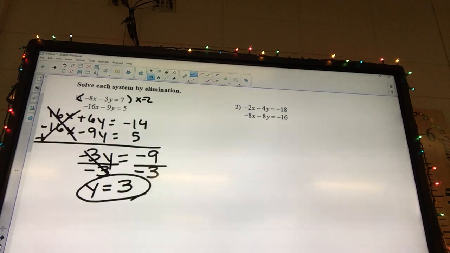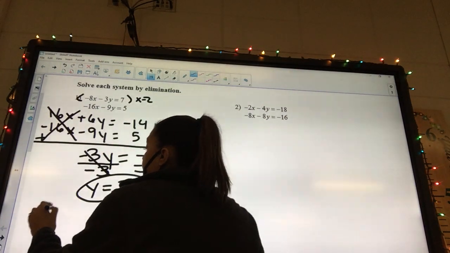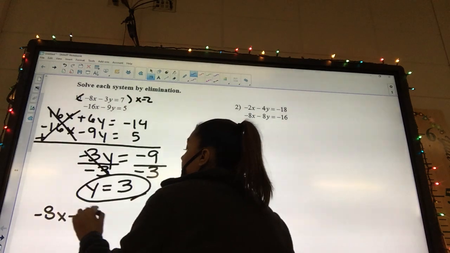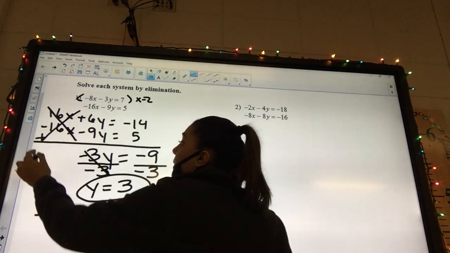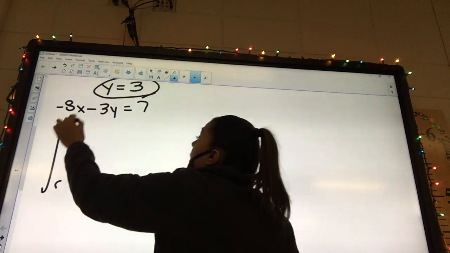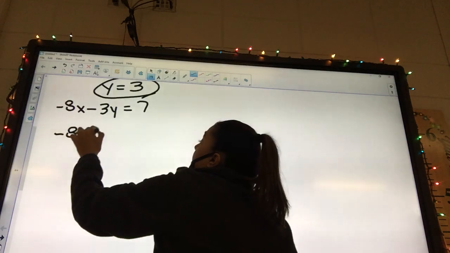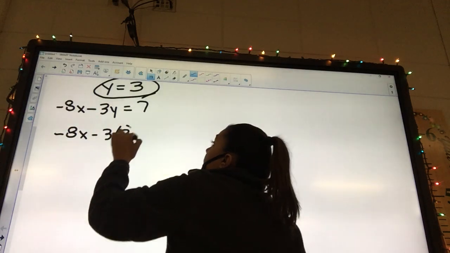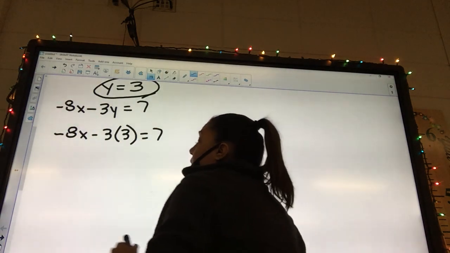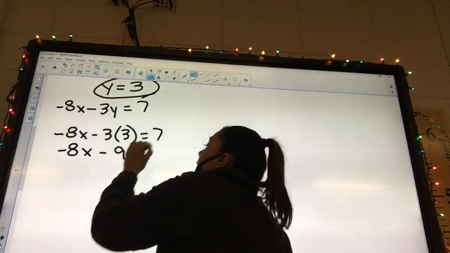So we circle this, and we do what? We plug it into where? Anyone. Okay, so it doesn't matter. I'm going to just use the top one. I got negative 8x minus 3y equals 7. Okay, so I'm going to have negative 8x minus 3 times 3 equals 7. So I got negative 8x minus 9 equals 7.